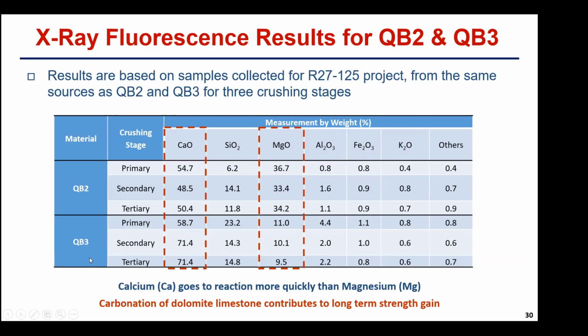So it's actually well known and established in literature that usually the calcium goes into reaction more quickly than the magnesium, while the carbonation of the dolomite limestone contributes to more long-term strength gain of the materials. So we think, and we would like to proceed and pursue testing and checking this theory, that when we had QB2 with more dolomite sources, that's actually going to be more durable and give you higher durability for materials constructed with QB.